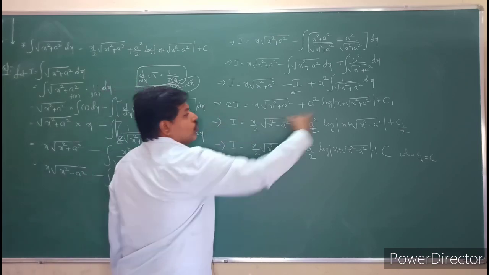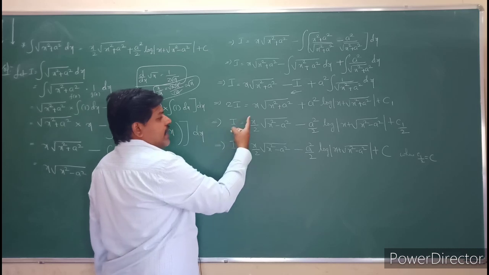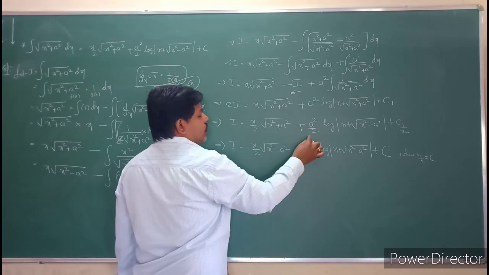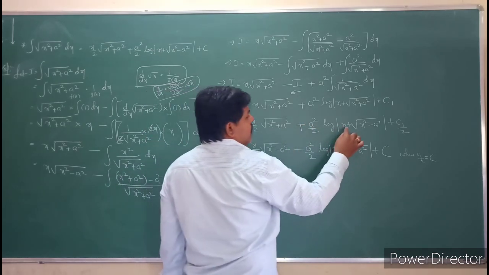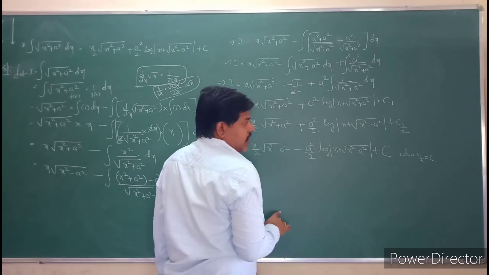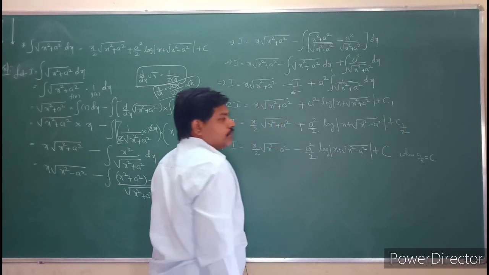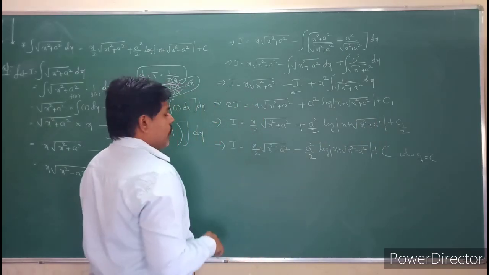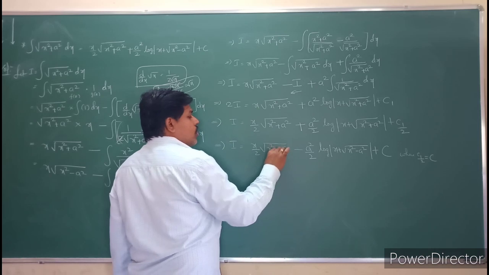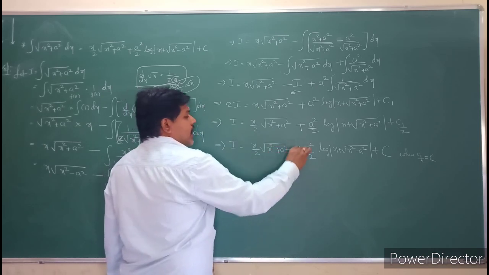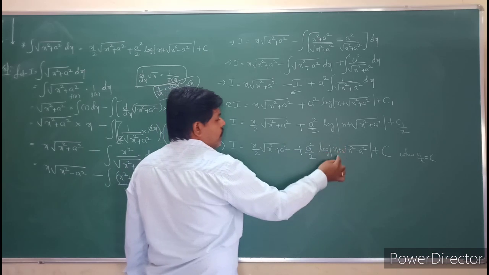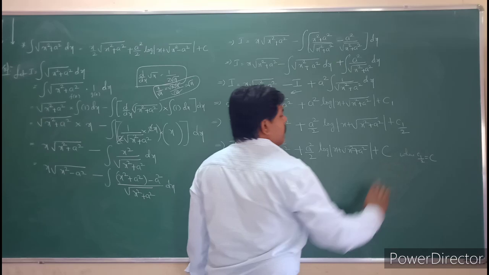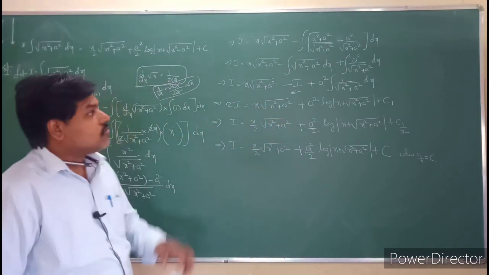So then divide by 2, you will get I is equal to x by 2 into root of x square plus a square plus a square by 2 into log of mod x plus root of x square plus a square plus c1 by 2. Therefore, I is equal to x by 2 into root of x square plus a square plus a square by 2 into log of x plus root of x square plus a square plus c, where c1 by 2 is equal to c.